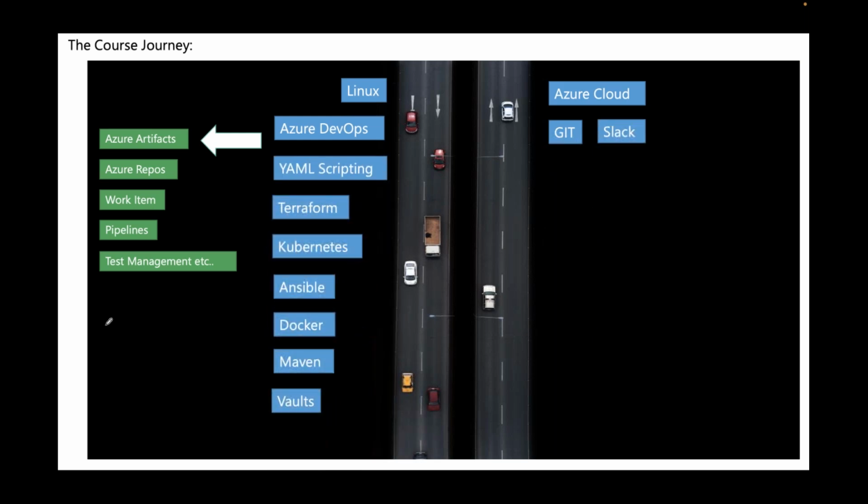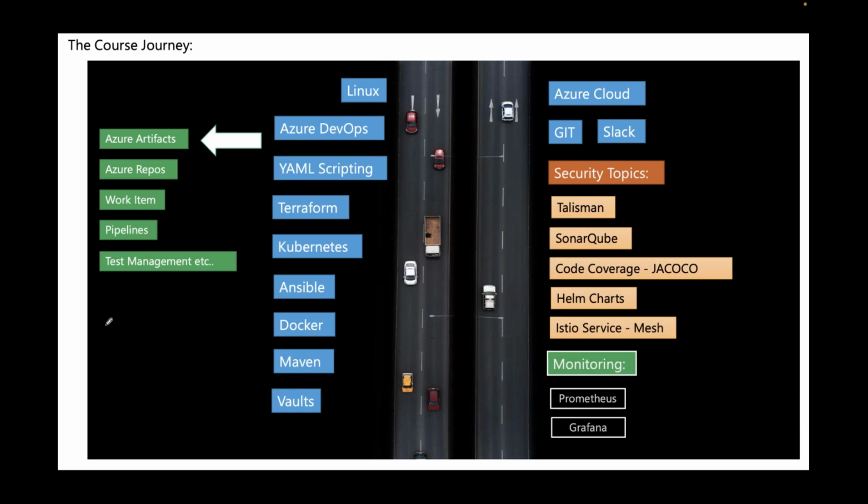Then we have YAML scripting, Terraform, Kubernetes, Ansible, Docker, Maven. Okay, I forgot Maven, and the Vault services. Monitoring, as I said, initially we'll start with Prometheus and Grafana. Security topics, as I said: Talisman, SonarQube, code coverage, Helm, Istio. There are many more which are not on this slide.